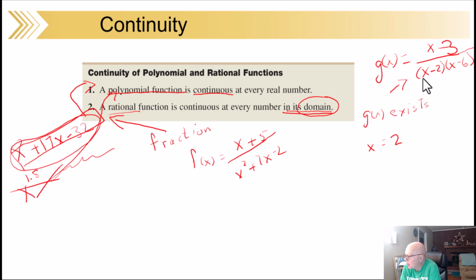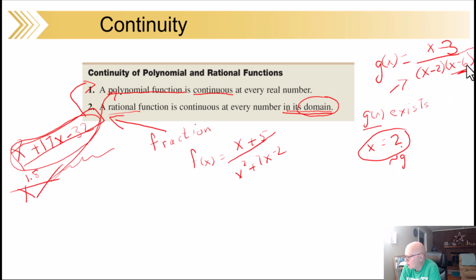If I put a 2 in here, the denominator is saying 0 times something else, -8 to be exact. It makes the denominator 0, which means g of x won't exist at x equals 2. So this rational function will not be continuous here because this is not in the domain of g.